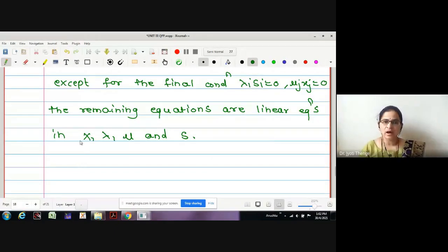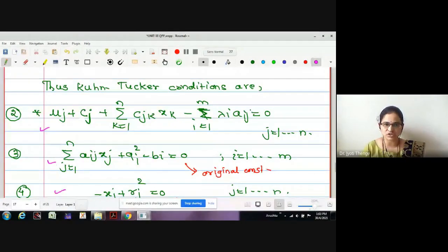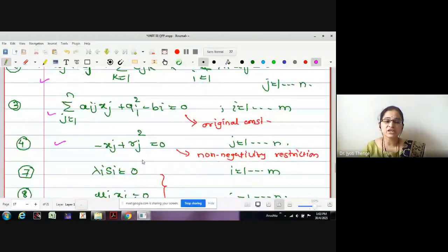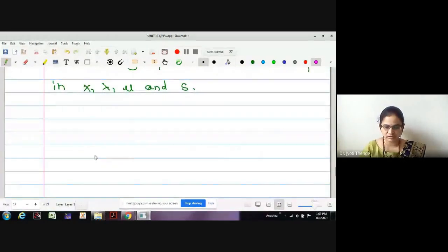Now the problem becomes equivalent to finding a solution to a set of linear equations which also satisfies these additional conditions. What is the job now? To solve these linear equations with additional constraints, these two conditions. Just write it.